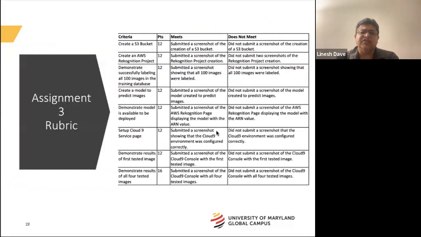And at the end of the instructions, you have the rubric, which gives you points for every step. Except for the last step, which gets you 16 points, all the other steps and screenshots provided will fetch you 12 points each. So if you go through the steps correctly and get a screenshot accurately, there's full points for that.